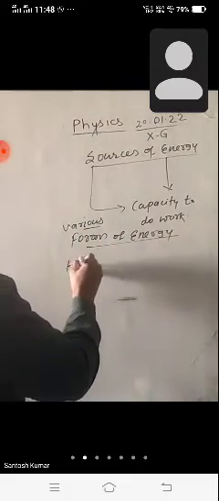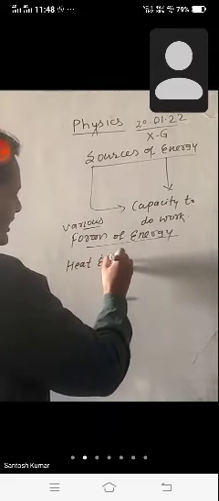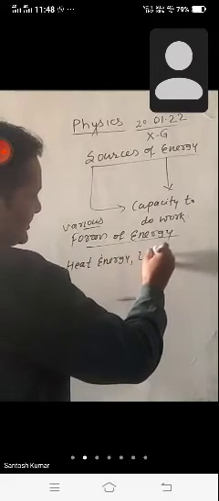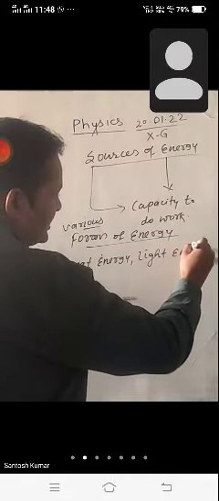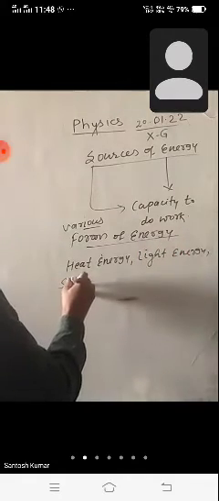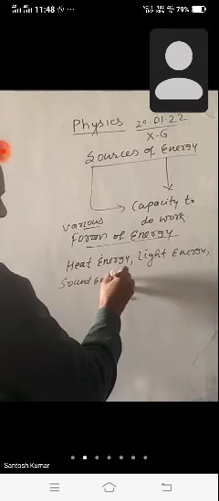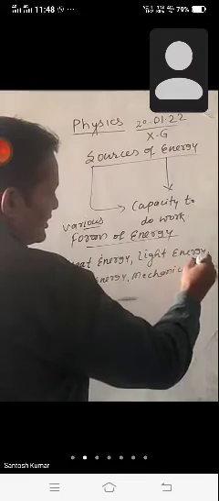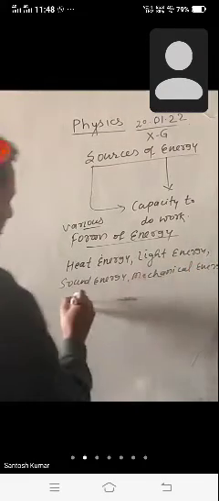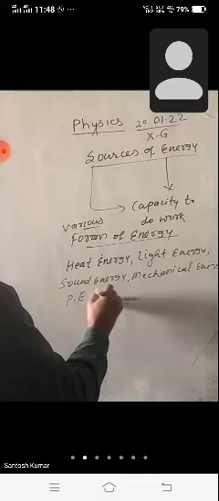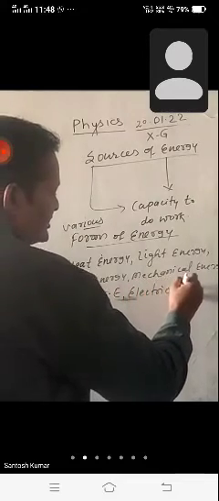So just see various forms of energy. What are the various forms of energy? You all know. Like you have discussed heat energy, after that light energy, sound energy, mechanical energy. Just see how many forms of energy are there: potential energy, kinetic energy, electric energy.